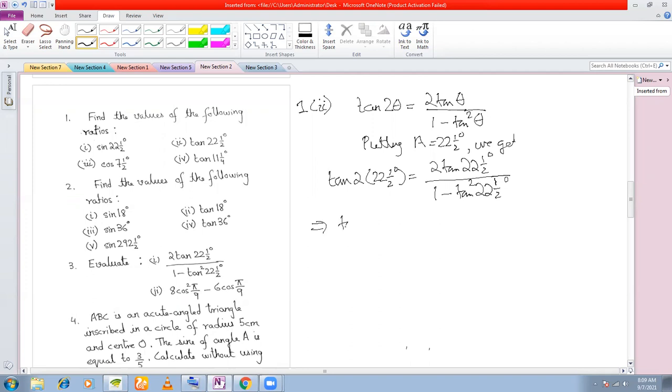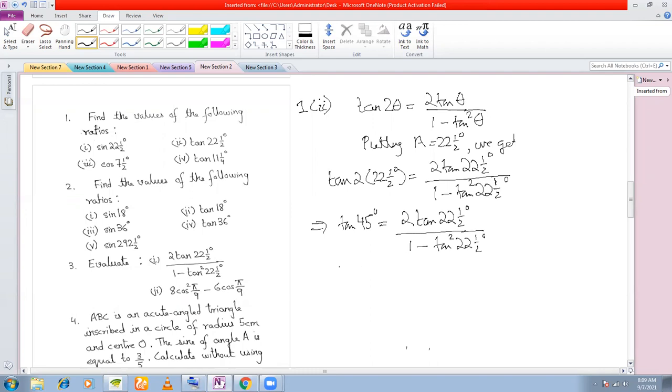That means you are getting tan 45 is equal to 2 tan 22 and a half degree divided by 1 minus tan square 22 and a half.